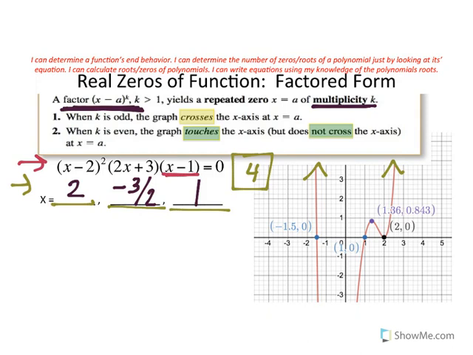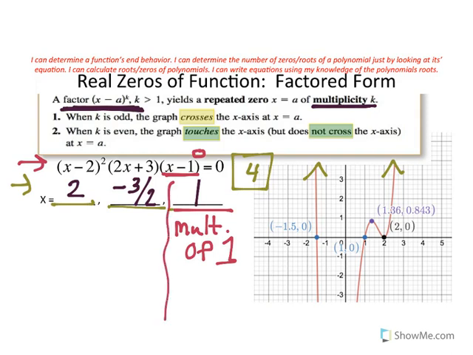Back here on x minus 1, what's the power on that factor? It's just a 1. That means that this solution counts 1 time. So you would say that it has a multiplicity of 1, meaning it counts as 1 solution. x equals 1 with a multiplicity of 1.